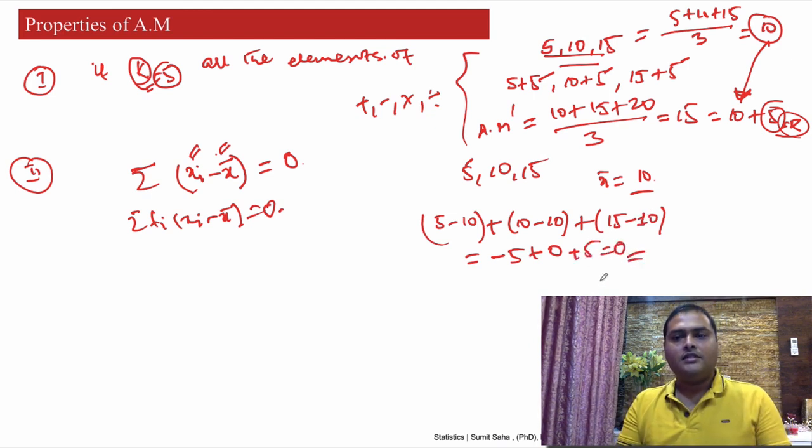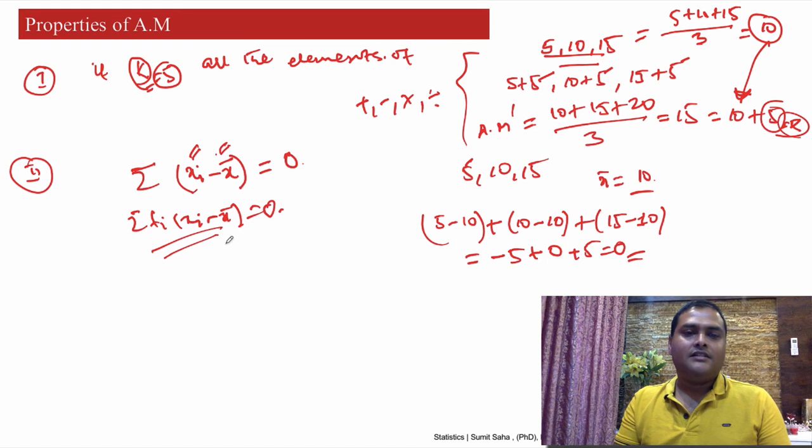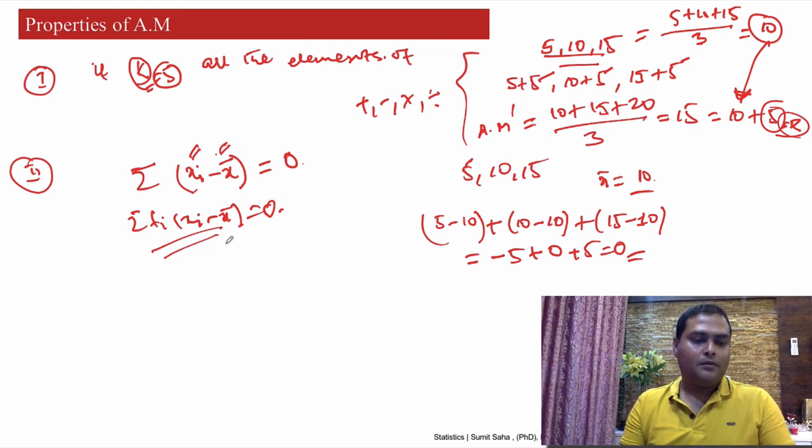See? This is valid for frequency data also. Very simple. Summation of xi minus x bar equals 0, or summation of fi into xi minus x bar equals 0. This is the second property.